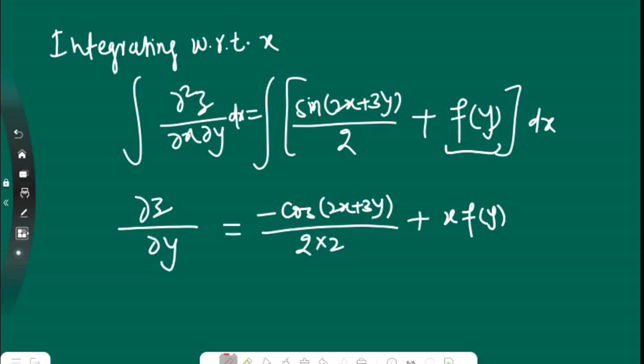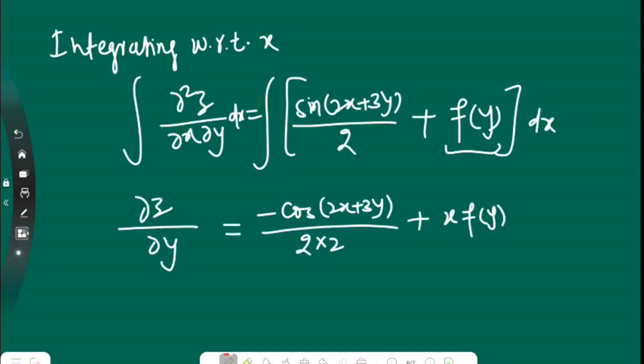We will have to integrate it one more time with respect to y. So our next step will be integrating with respect to y. What was the equation? Our equation was del z upon del y.